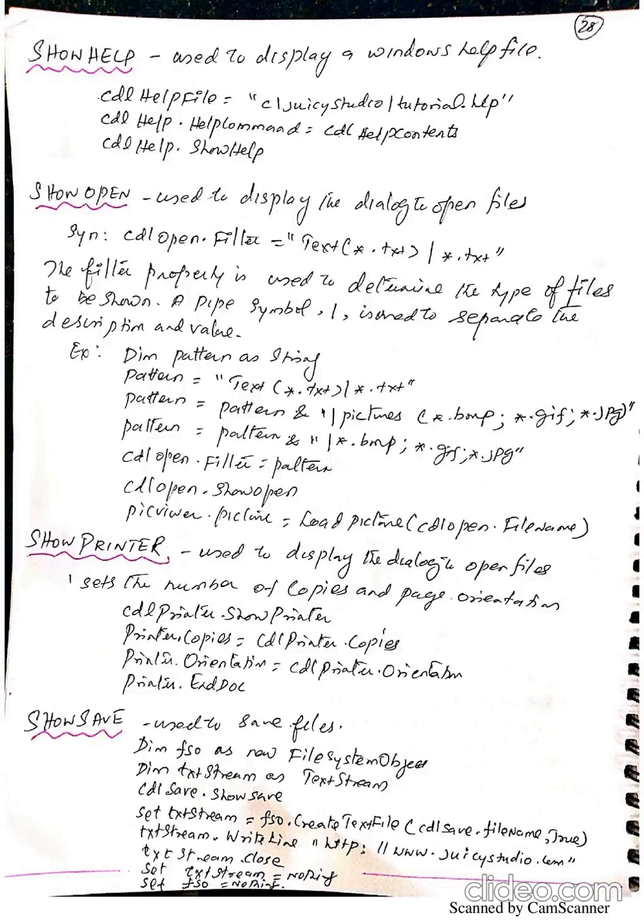ShowPrinter is used to display the print dialog, which sets the number of copies and page orientation: cdl.ShowPrinter, Printer.Copies = cdl.Copies, Printer.Orientation = cdl.Orientation, Printer.EndDoc. ShowSave is used to save the files.